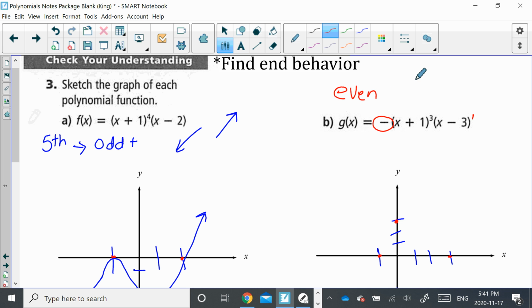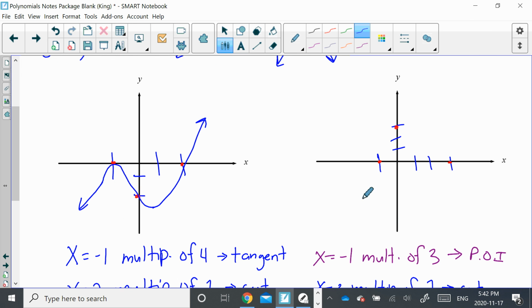The leading coefficient is negative. What you have to just memorize for an even degree polynomial that has a negative lead coefficient is the end behavior of the graph. It's going to fall on the left and it's going to fall on the right. So this graph is going to fall on the left, fall on the right.